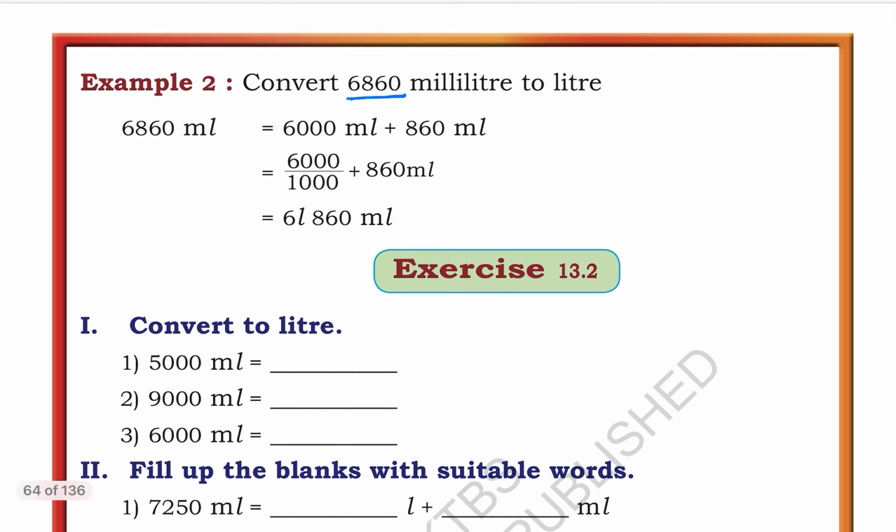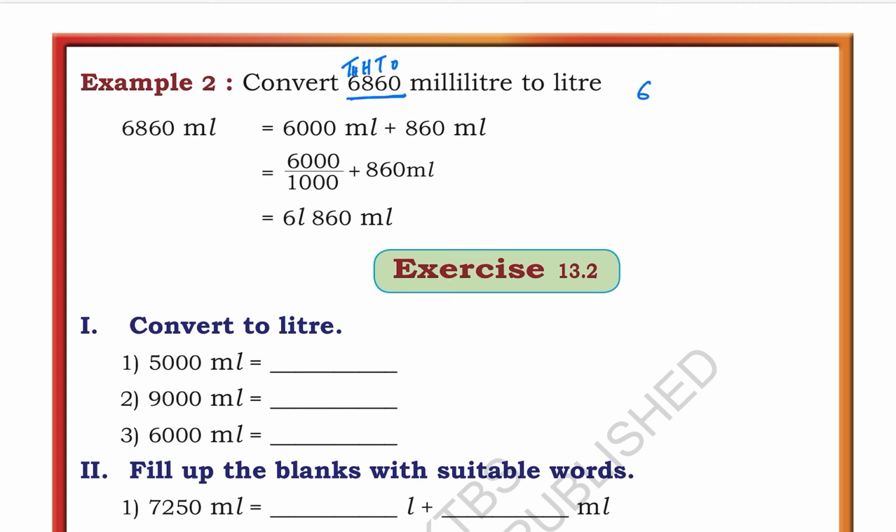In place value, ones, tens, hundreds, thousands. If the value given is in thousands, you just split that, how many thousands are there, you make it one part. How many thousands are there in this? 6 thousands.